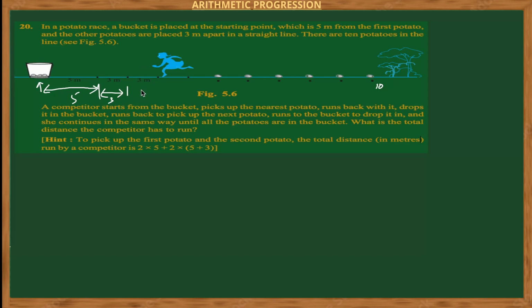Fine. You have a bucket here, where the first distance is mentioned as 5, and next is 3. The competitor starts from here, goes 5 meters, picks up this potato, then comes back 5, so that is 10.